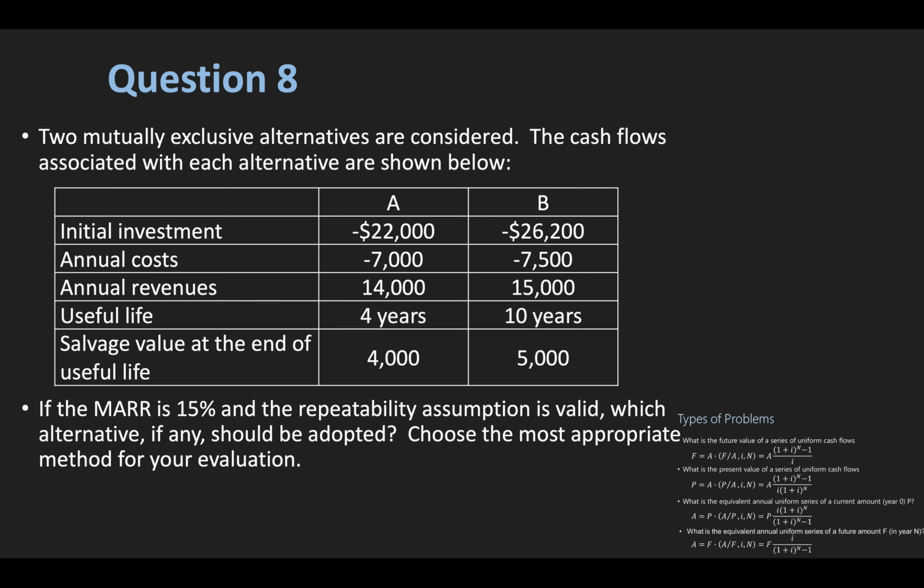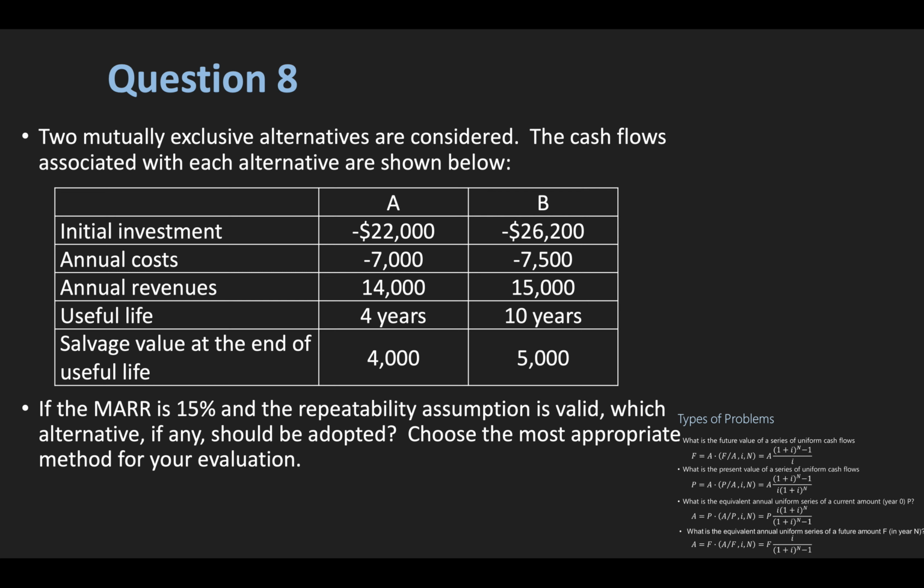Okay, take a few minutes to calculate. All right, so if repeatability assumptions are valid, and the reason this needs to be valid is because the two projects have different durations, right? That's why we need to make sure the repeatability assumption is valid.